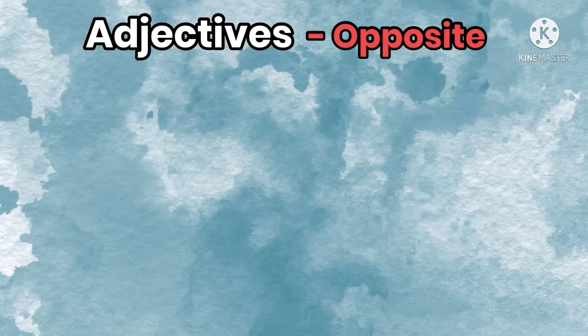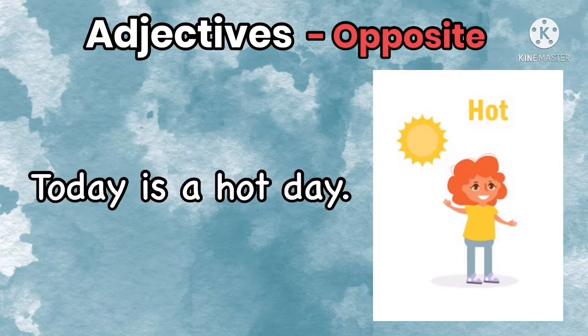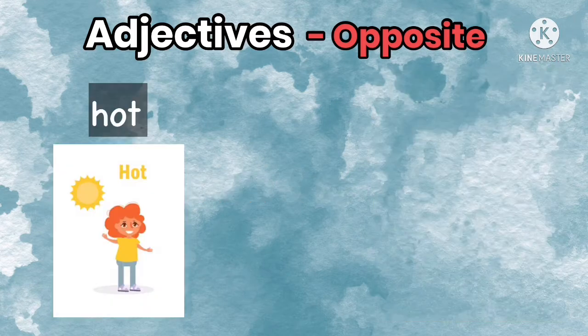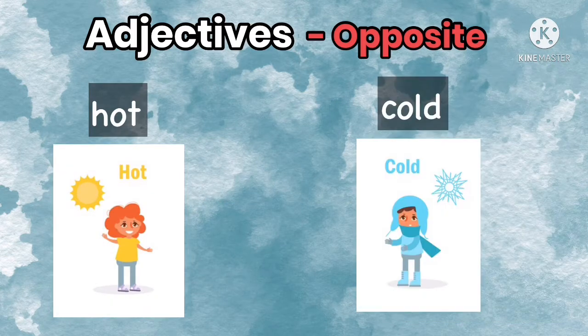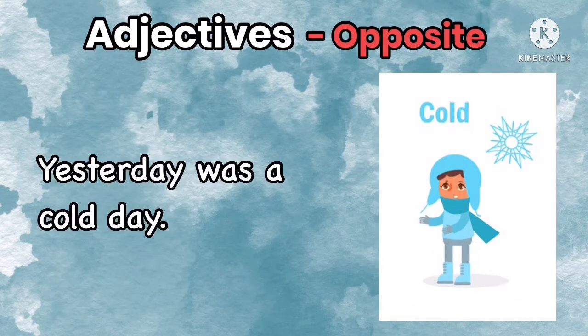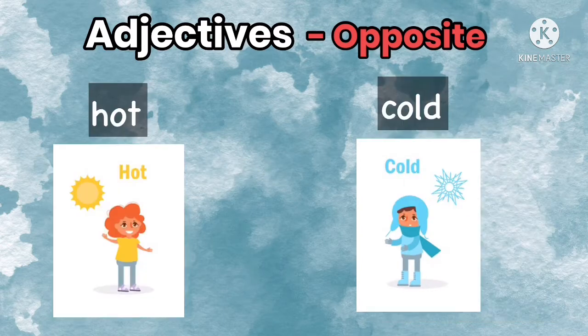The next example, today is a hot day. Now, the opposite of hot is cold. So, yesterday was a cold day. So, children, the opposite of hot is cold. Now, these are some examples of opposites. I hope they will help you to do the exercise.